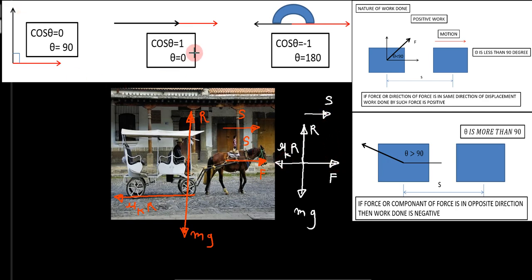Yes, theta is equal to 0 in this case. So this is a force F and this supposed displacement S. So it has angle 0 degree, and by dot product also it becomes 1.